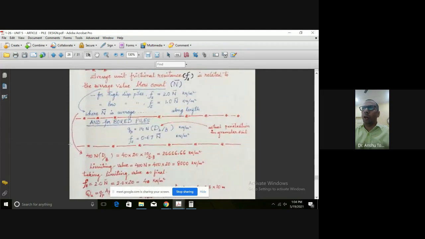This is for bored piles in the case of low displacement piles, but we will not shift to bored piles because this question is on the driven pile. In the text, for your help, I have written the conditions required to be used in case we have to find it for bored piles. So 40 times N into D upon B, where N is 20 as given in the question.